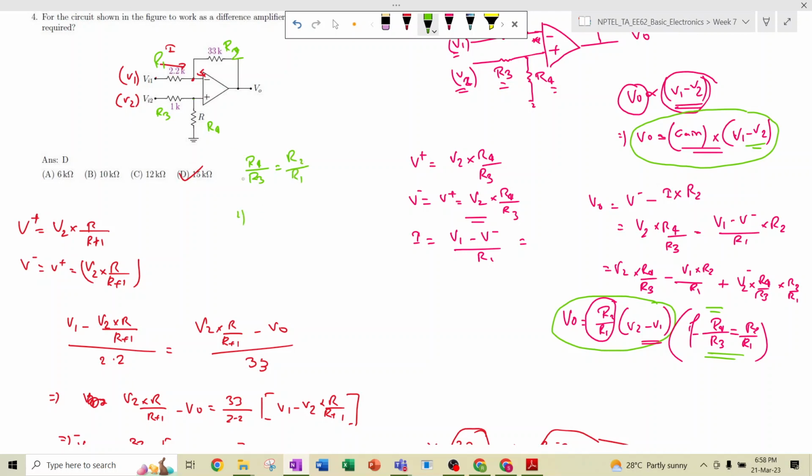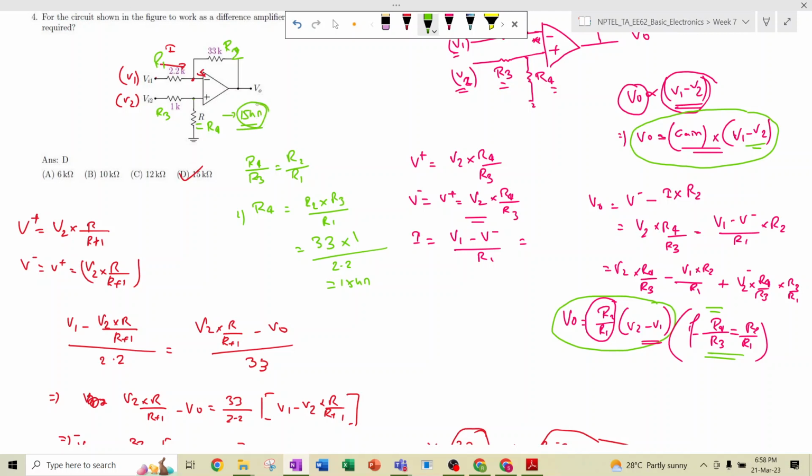From there also you get the value of R4 equal to R2 into R3 divided by R1. R2 is 33, R3 is 1k, and R1 is 2.2k, which gives 15 kilo ohm. So the R4 value will be 15 kilo ohm.